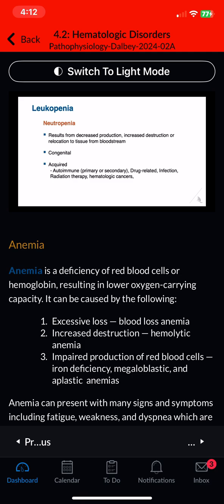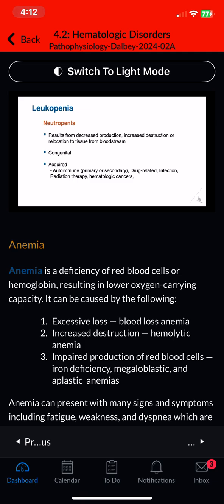Similar to red blood cells, the decrease in the number of neutrophils can stem from decreased production or increased destruction. It can also occur from cells leaving the bloodstream and relocating into tissue compartments. It can be congenital, or from birth. Genetic mutations have been identified that cause congenital neutropenia. It can also be acquired.